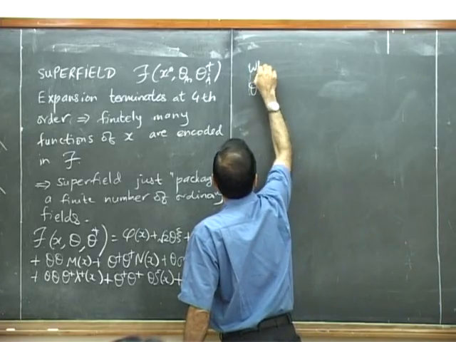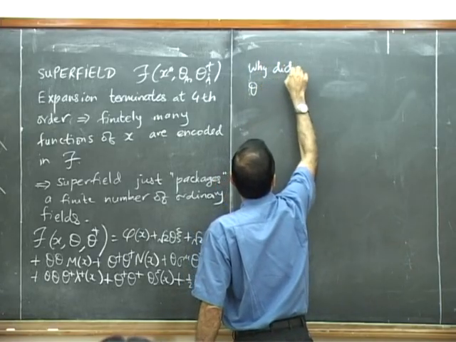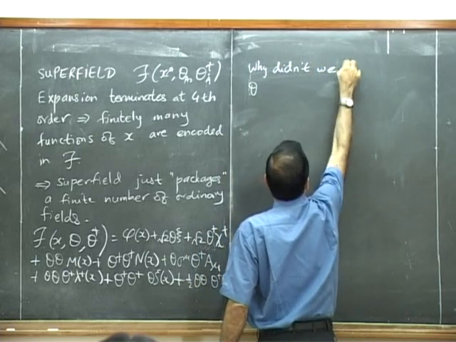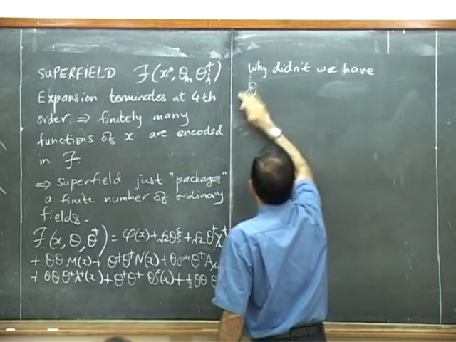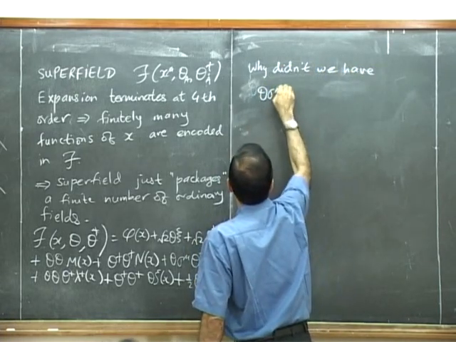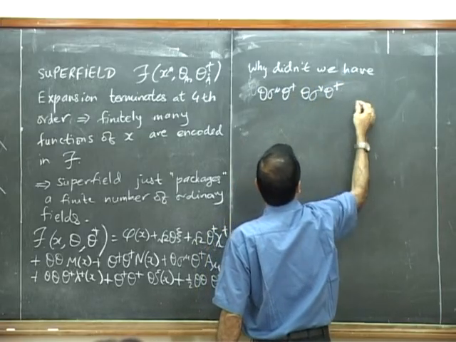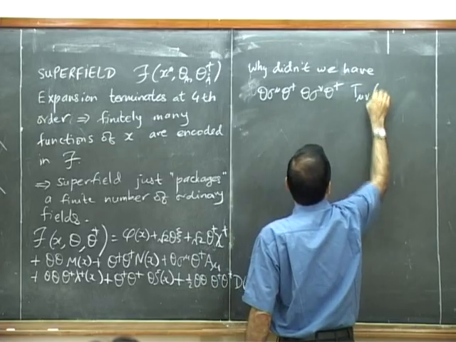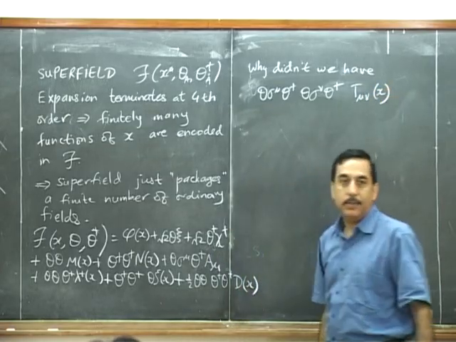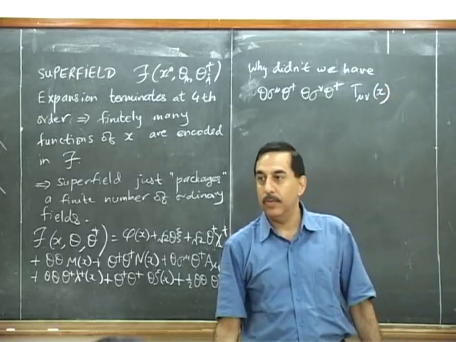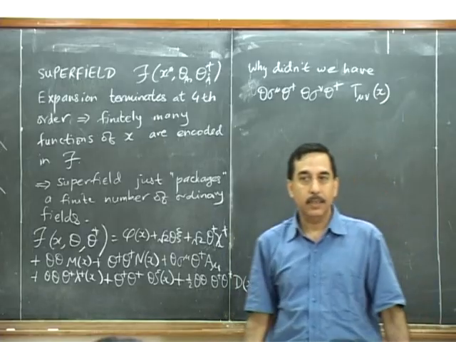So why didn't we have a term like theta sigma mu theta dagger, which is allowed? Theta sigma nu theta dagger times some tensor field mu nu of x. Okay. So who knows the answer to that?